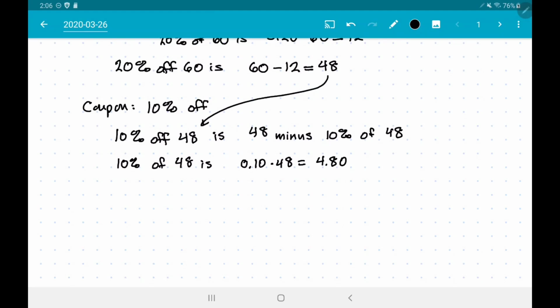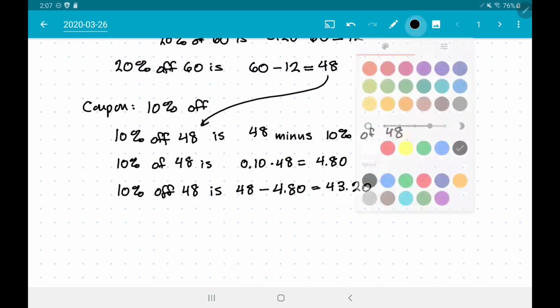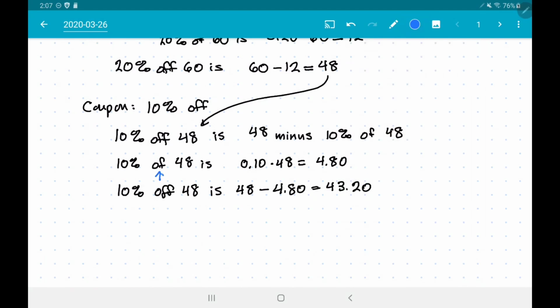Then 10% off 48 is the 48 minus $4.80, which is $43.20. And in case you're watching this carefully, you'll see there's a significant difference between 10% of and 10% off. Watch those F's.